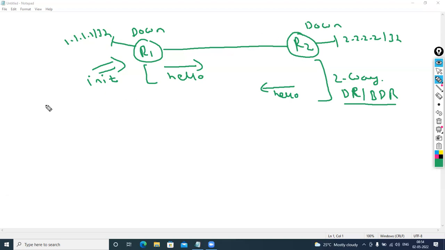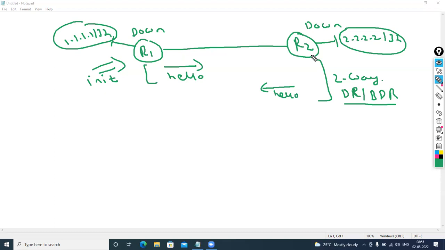Hello packet is done already. As soon as you enable OSPF, hello is done. Now at the exstart state, who will start to exchange the routing information? Even R1 can start, even R2 can start.